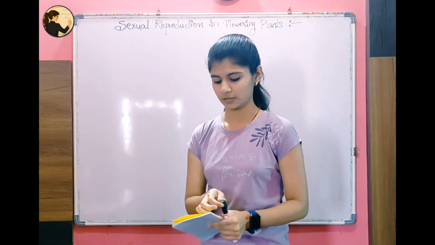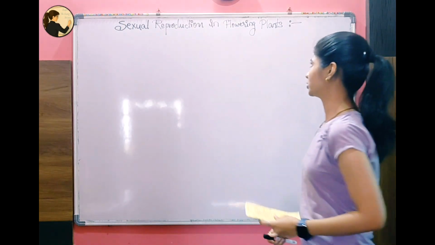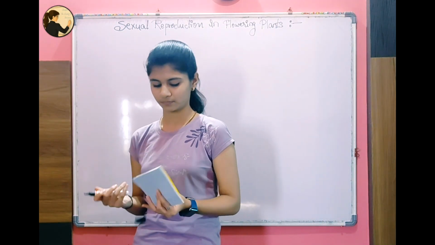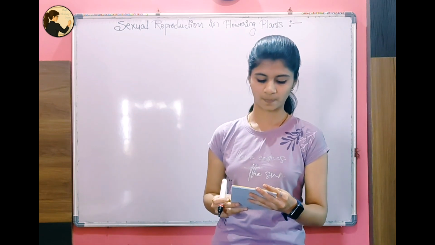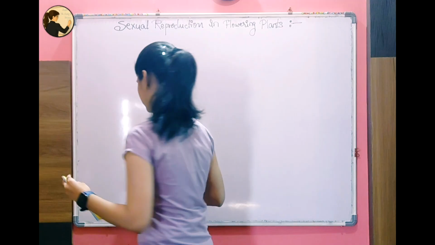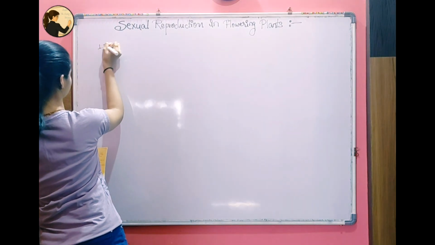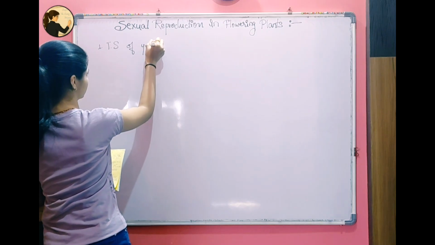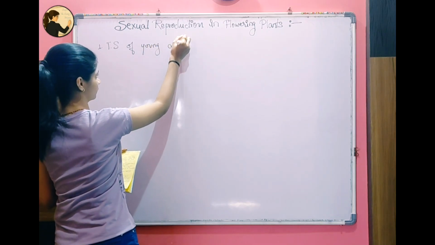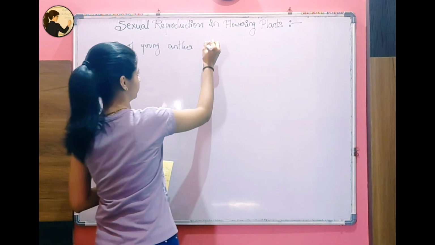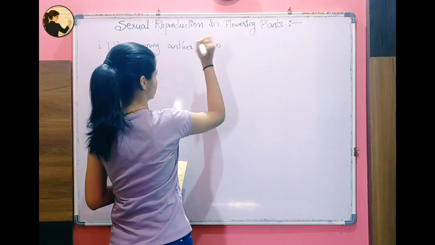I'll let you know about the diagrams first. In this chapter, sexual reproduction in flowering plants, diagrams are really very important. The first diagram is TS of young anther. It is for 3 marks.